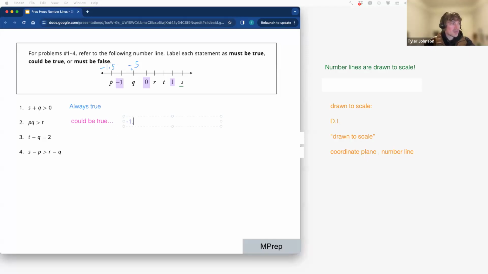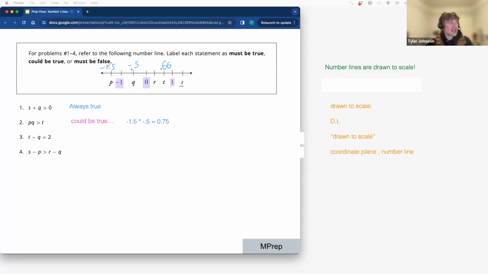And in that case, multiplying them together, I would get something like 0.75. And T, if I'm eyeballing that one, I might say something like 0.6 or maybe 0.66, like really near that 2/3 mark. And I can estimate it there, but I can't assume that it's exactly 2/3.